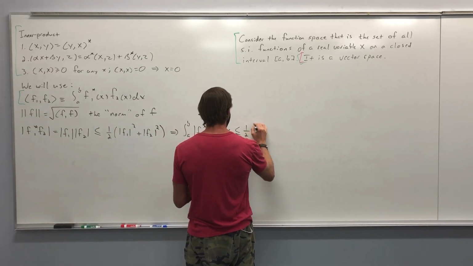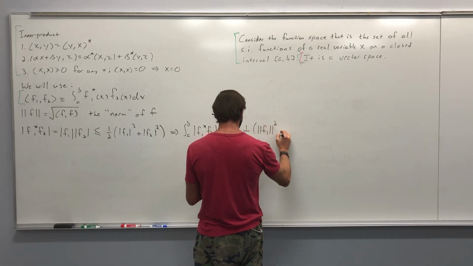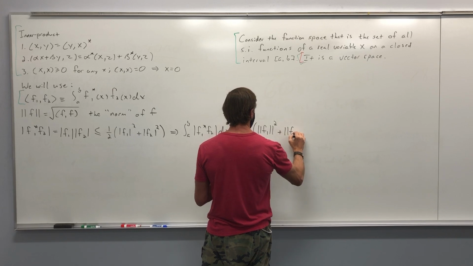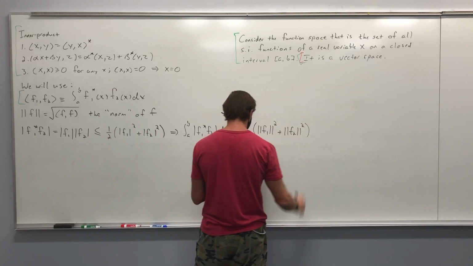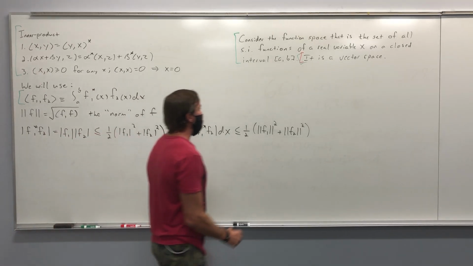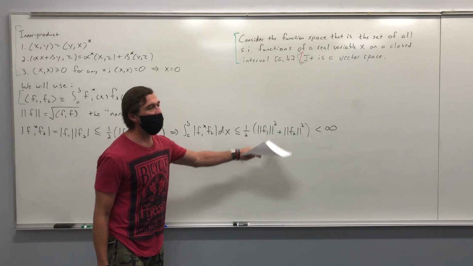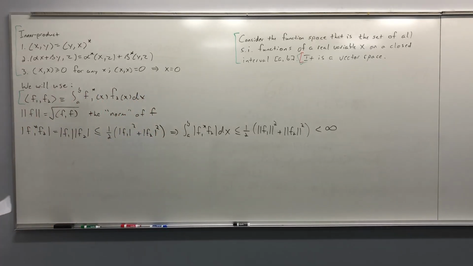This is less than 1/2 the magnitude of f1 squared plus the magnitude of f2 squared. And this is, of course, less than infinity because these are square integrable.